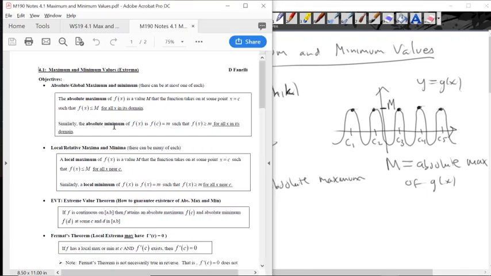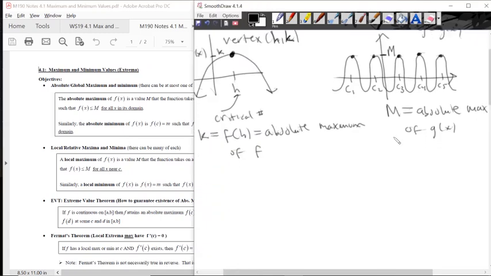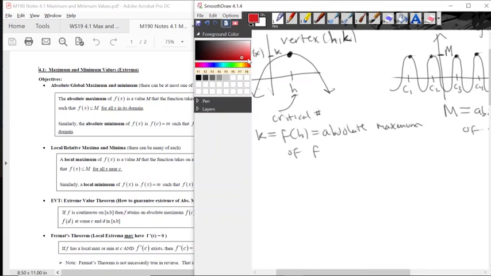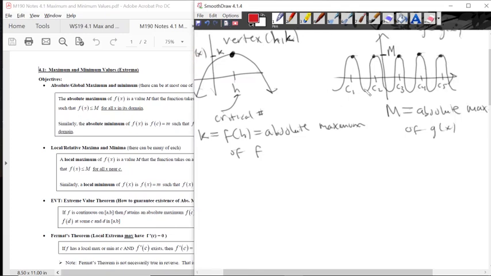Similar idea for an absolute minimum, by the way. Graphically, we would say it's the lowest point, or the lowest y value, that the function reaches. Let's say it reaches it at these points, and let's assume again that it doesn't at some point out here go lower than this, under the assumption that we're looking at all the possible y values we will get over the entire domain here.